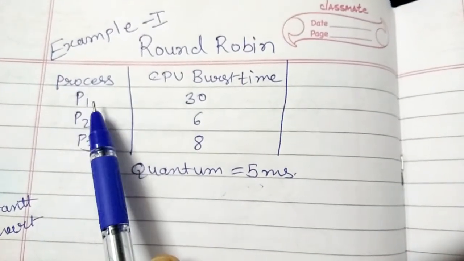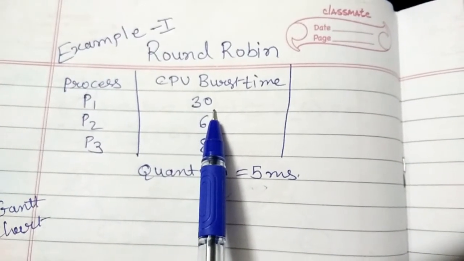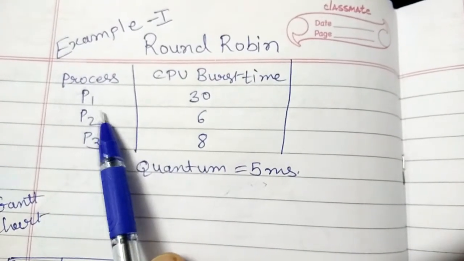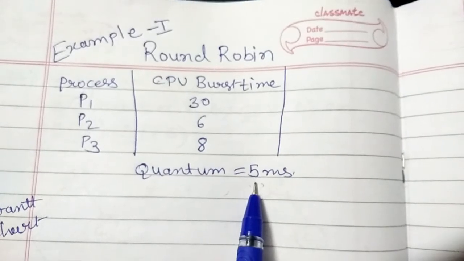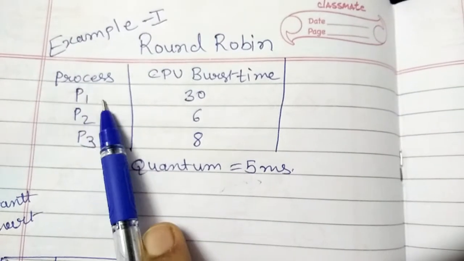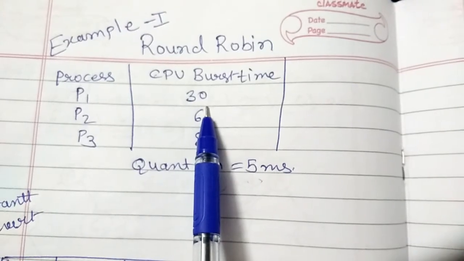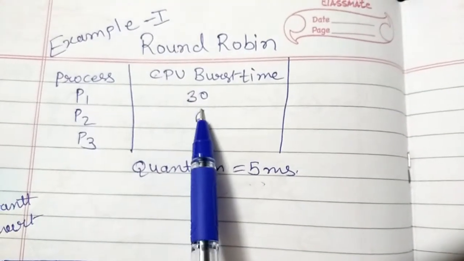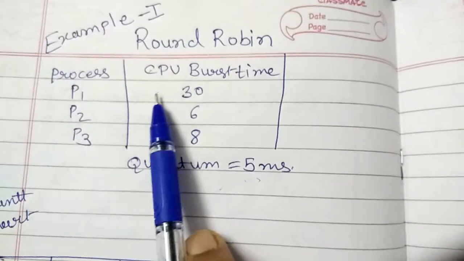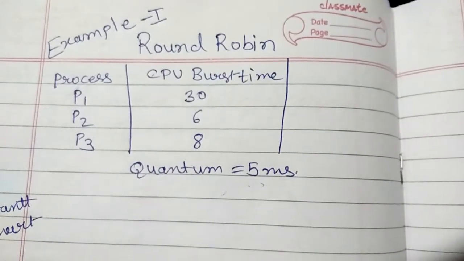So if P1 has a burst time of 30 milliseconds, then at the initial stage, the CPU will allocate only a 5 millisecond time slot to P1, but P1 requires 30 milliseconds. So it is not possible for P1 to complete its execution within the given quantum.